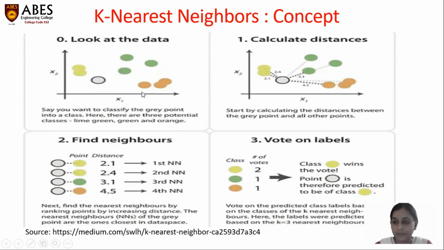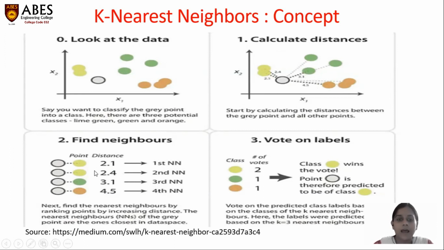According to KNN, as I told you, it assumes that all the similar points are present nearby. So what we do is, from this gray point, we start calculating the distances between the gray point and all the other points.